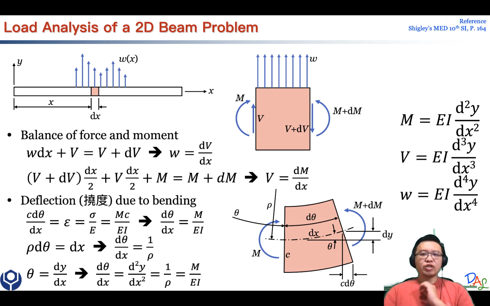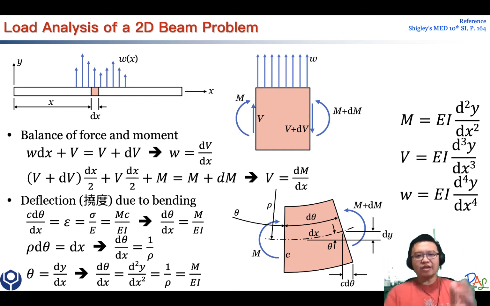We assume from left to right, the shearing force has increased by dV, and the bending moment has increased by dM. That's the increment of shearing force and the increment of bending moment. Is it always increasing? No, it could be decreasing.